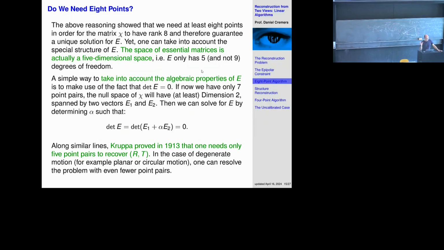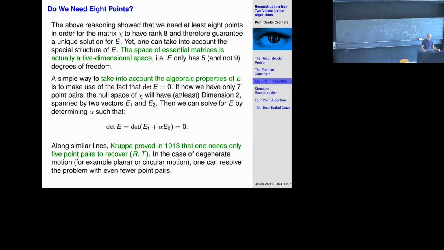And if you exploit this constraint, then you can actually get away with fewer corresponding point pairs. So a very simple way to take this into account is to say, since the last singular value of the essential matrix is 0, we know the determinant of E must be 0.